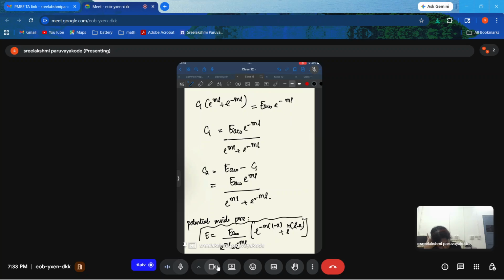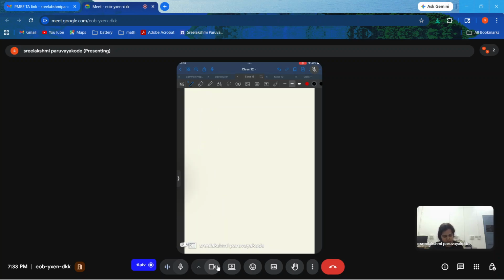This is going to be the variation of potential inside the pore. Now, if I simplify it, in terms of equation, it becomes cosh m(l minus x) by cosh ml. So this is the expression.